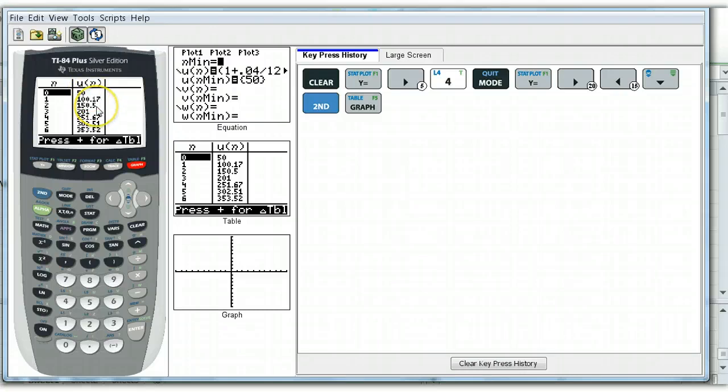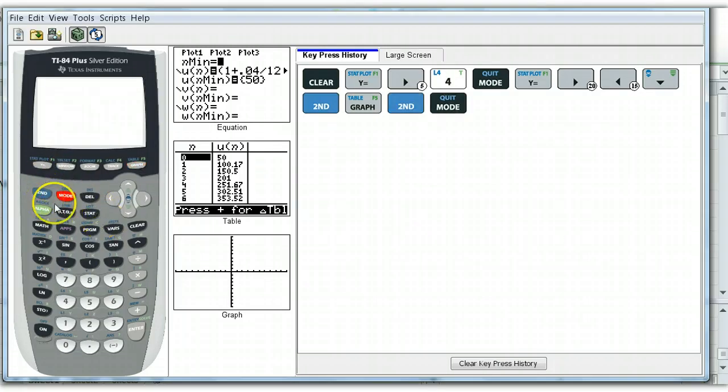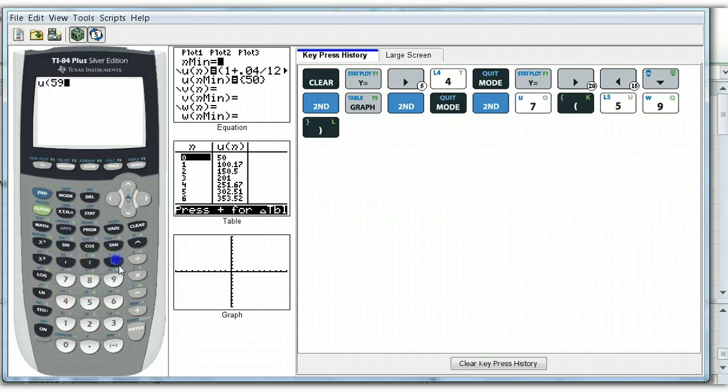Then after this time, I've earned interest on this $100.17, and then I added in $50 more, and so on. So what happens with the calculator is that if I go to the home screen and I find out what u of 59 is, u of 59 is $3,314.94.